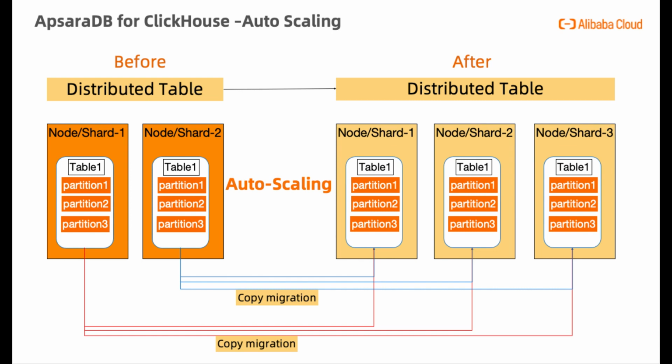Data of the original cluster is replicated to the new cluster, and the data is written to the shards of the new cluster based on the sharding key and the sharding method used by the original cluster. This ensures that loads are balanced among the shards after the cluster scales out. Compared with open source ClickHouse, it doesn't support data shards rebalance while doing the migration expansion like ApsaraDB for ClickHouse does.